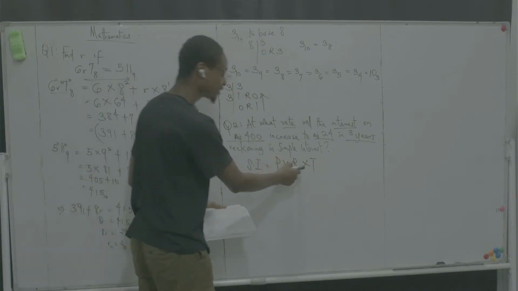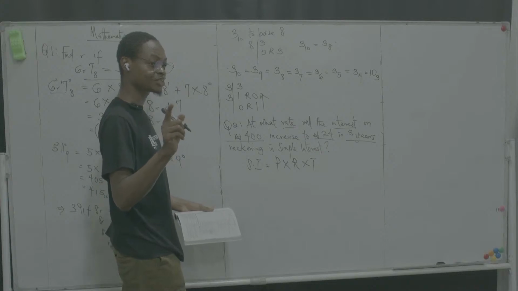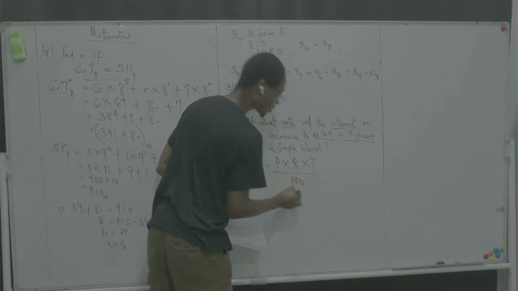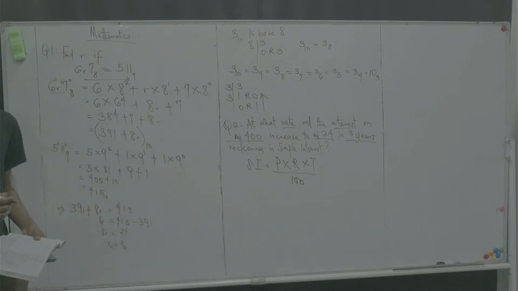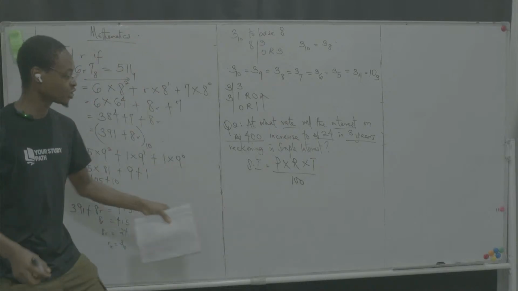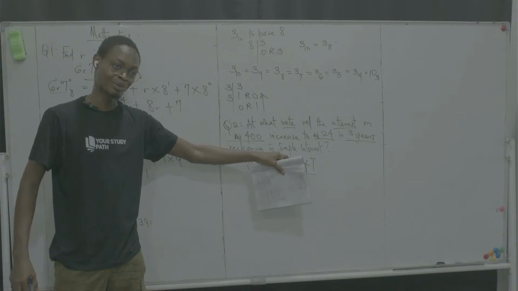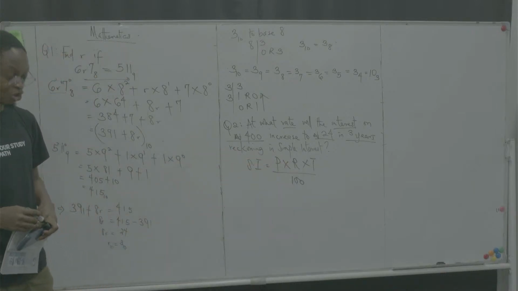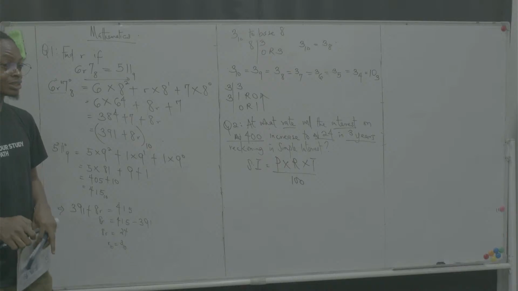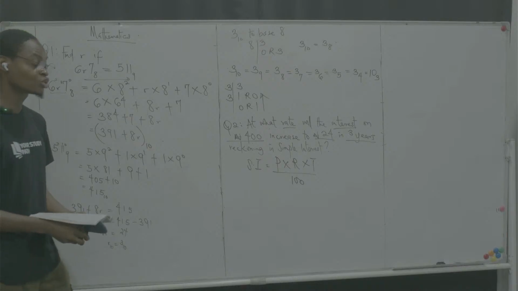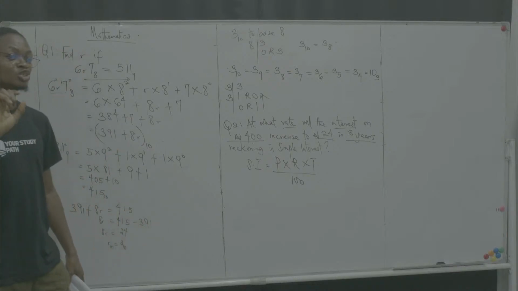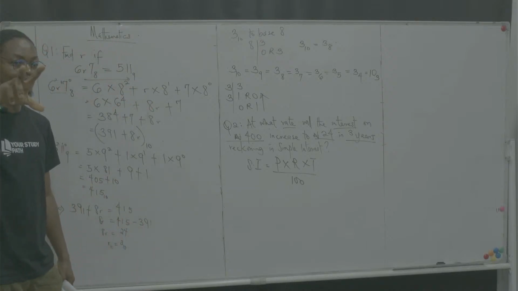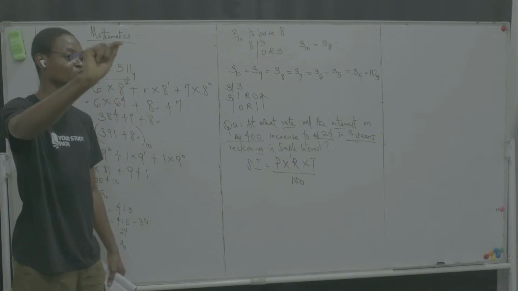Now, because the rate is in percentages, right? You know, when you refer to a percentage number, you have to divide by 100. You get? So the over 100 in the formula is because of the rate that is in percentages. So you have to be very, very conversant about that, because sometimes, and this is very important, the rate can be given to you in its decimal form after conversion to percentages.